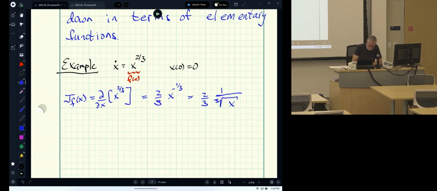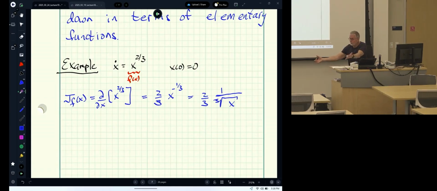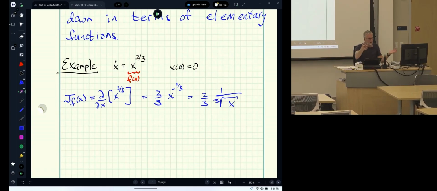So what's the problem? Well, our initial condition was the origin. And what happens to the Jacobian at the origin is it blows up, so it's not bounded, and hence our theorem does not apply. It doesn't say there exists a solution and it's unique, okay?